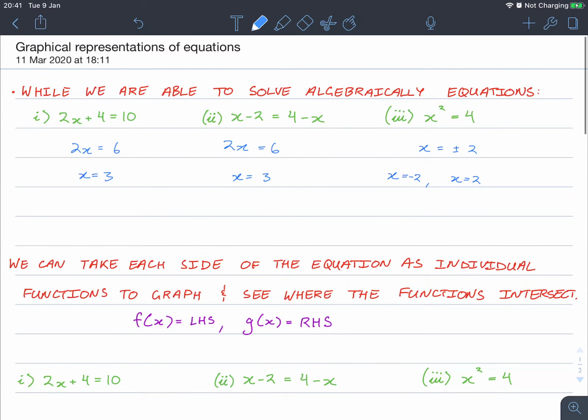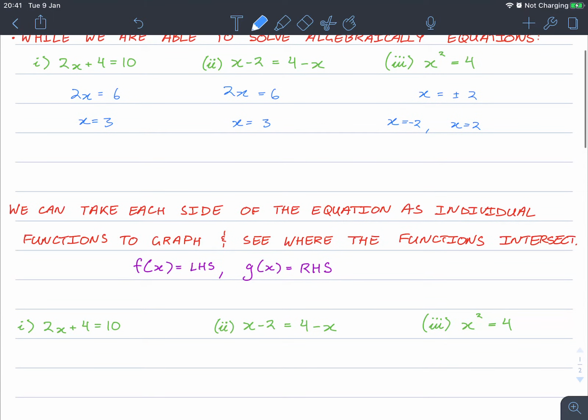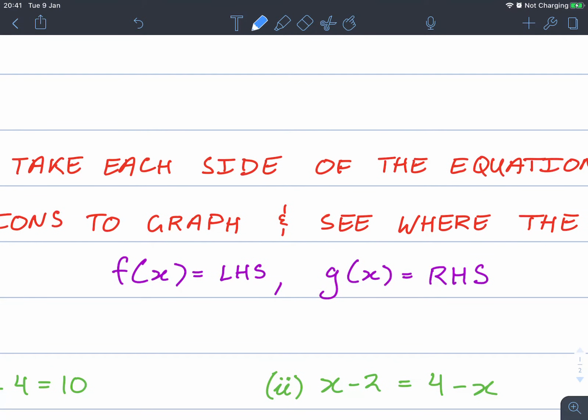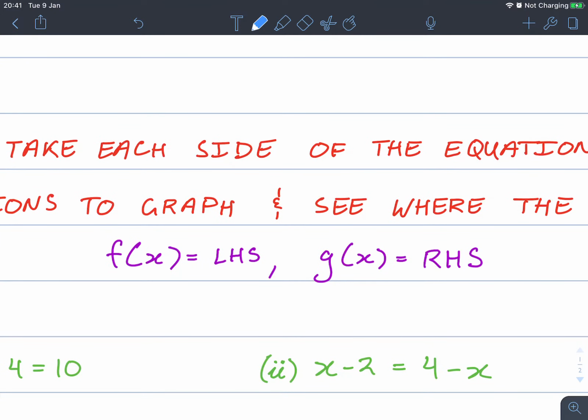While we are able to do questions like this, we can take each side of the equation as individual functions to graph and see where the functions intersect. By this we mean we let the left hand side equal some function f of x and the right hand side some function g of x.